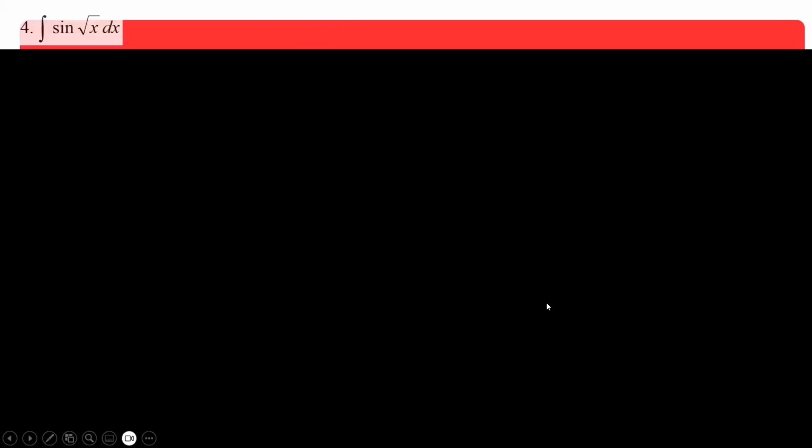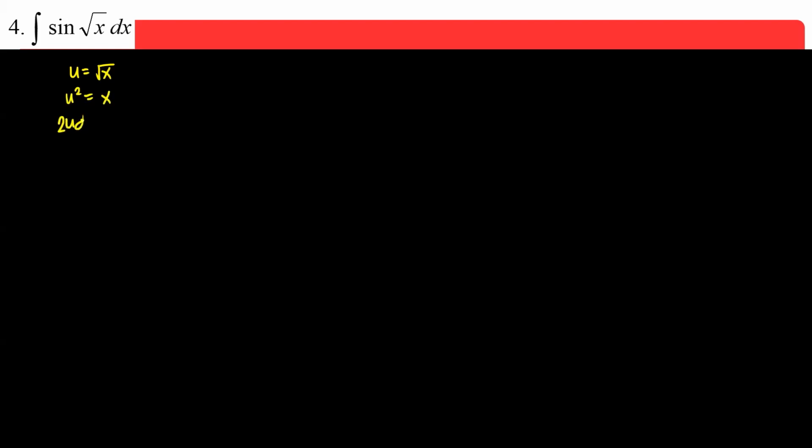So let's try another problem. If we let u be equal to the square root of x, you can see that u squared is x, or 2u du is dx. So let's try. This becomes sine u, and then dx is 2u du.